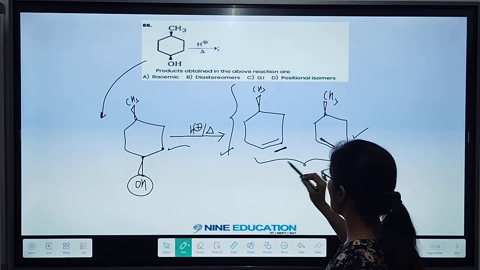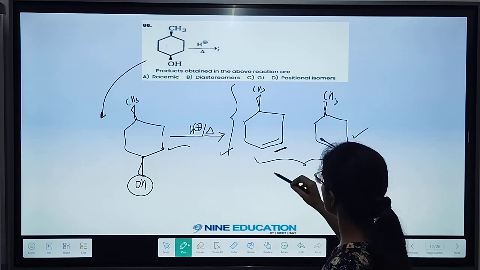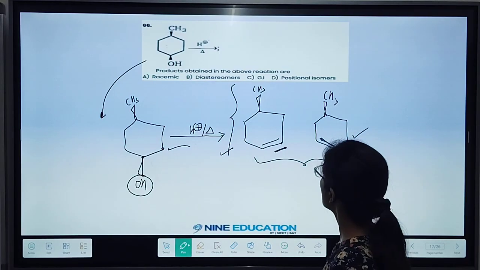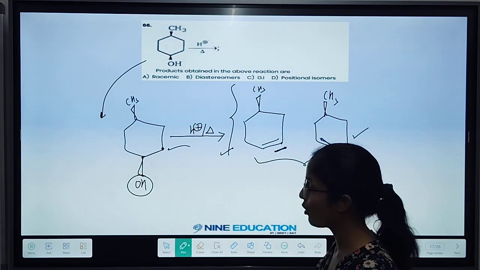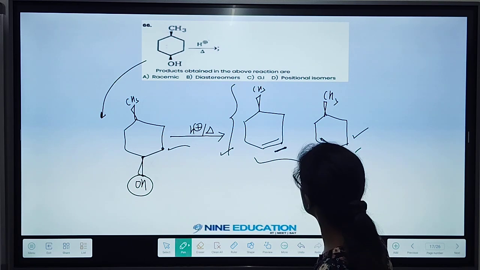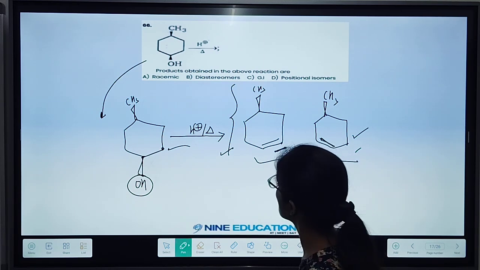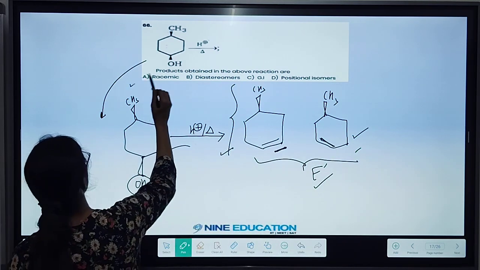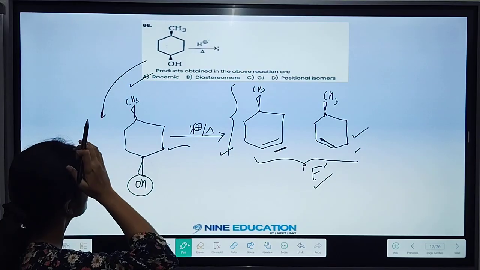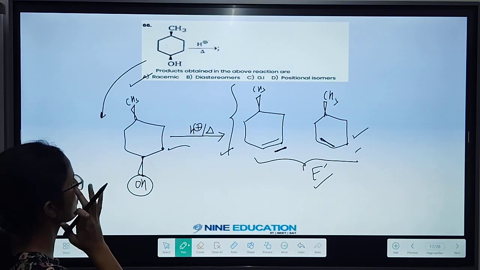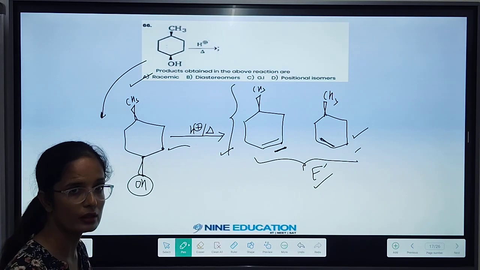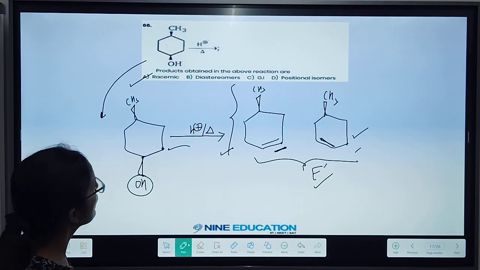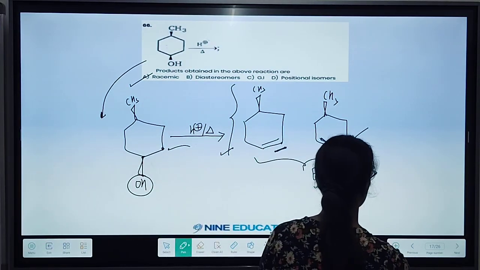Structure wise they are the same, but stereo wise they are nothing but mirror images of each other, not having POS, COS. So they are enantiomers, and if they are enantiomers, what answer will we be getting here? The answer will be option A, a racemic mixture, the racemic products would be there. Okay, so this is about the question number 66.